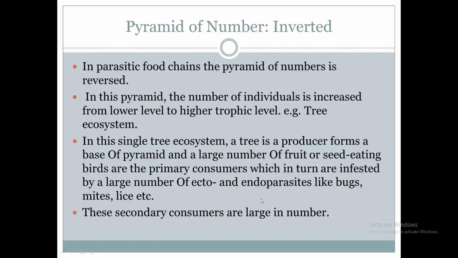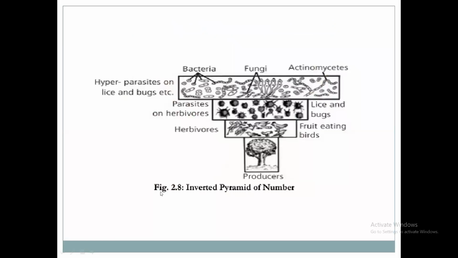Then the secondary consumer will depend upon the primary consumer. Tertiary consumers will depend upon the secondary consumers. That is shown in this diagram. Inverted pyramid of number. Producer, herbivores. Herbivores will depend upon the producer.